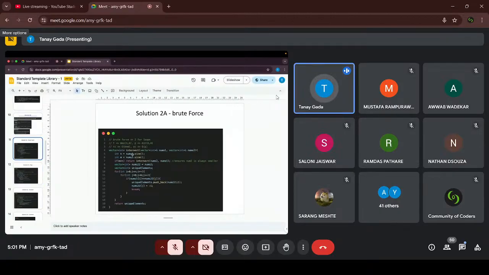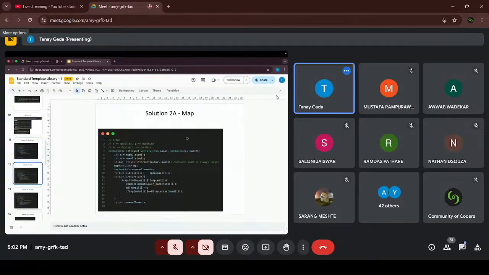You can try this. This is the brute force approach. We shouldn't be spending much time on this. It's not important too. The map approach, which you said, we can have this.